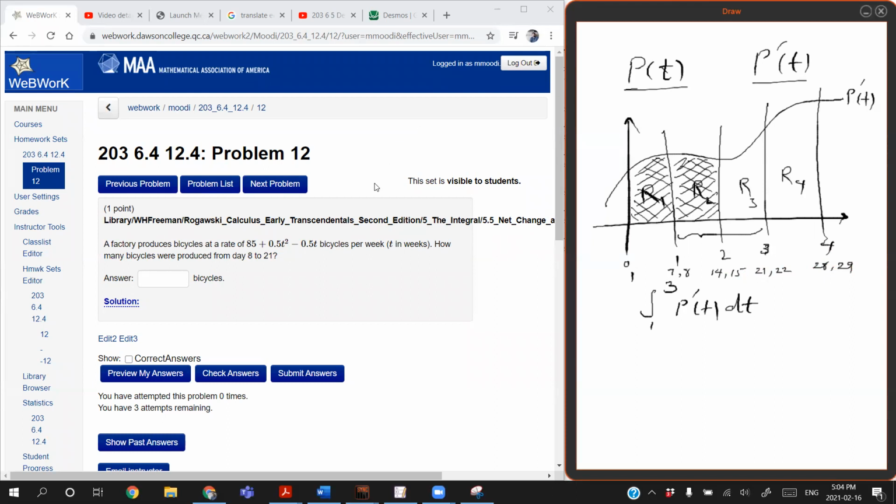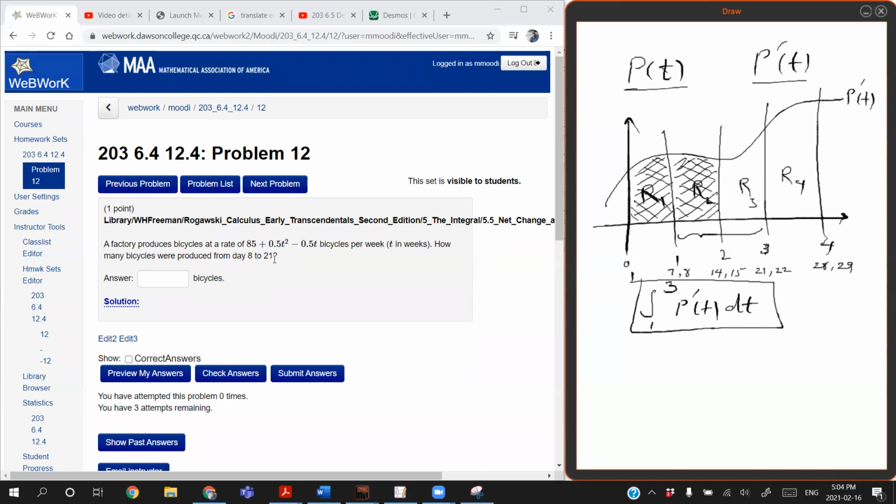So for this particular problem, it says, how many bicycles were produced from day 8 to 21? So from the beginning of day 8, which is represented with 1, to the end of day 21, which is represented by 3. So that's why we're trying to figure out this for this problem.